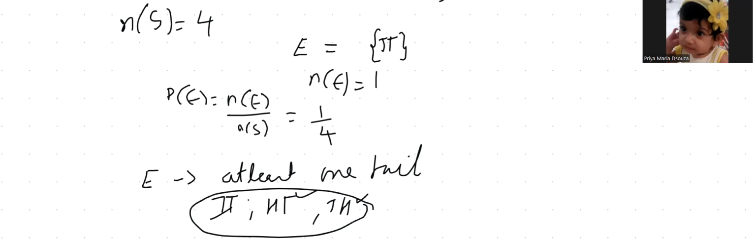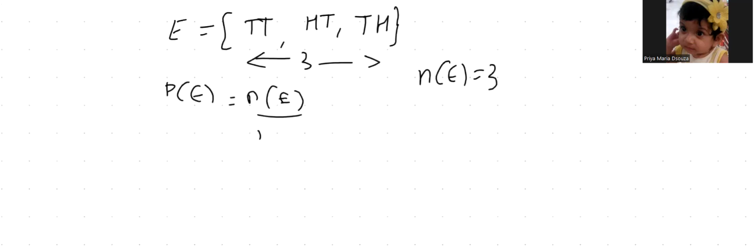At least one tail you should have. So barring this HH option, all the other three options I can take from the sample space. So leave out HH. In all the other cases, one tail is guaranteed. So the event will be TT, HT, or TH. So there are three here. So N of E is 3.